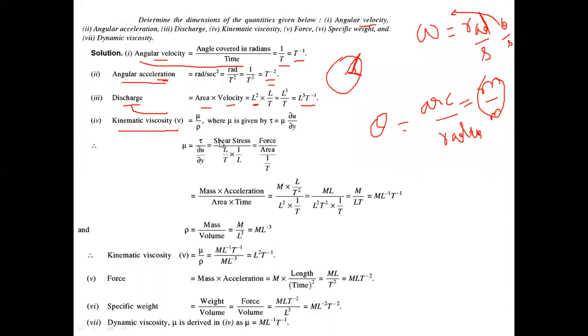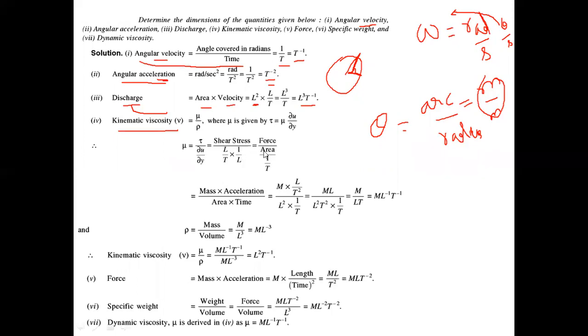Now, what is shear stress? Shear stress is force per unit area. Velocity gradient is change in velocity per unit length. Velocity is length by time, divided by length, so it is 1 by L, 1 by dy. Fine, so it has been done here.